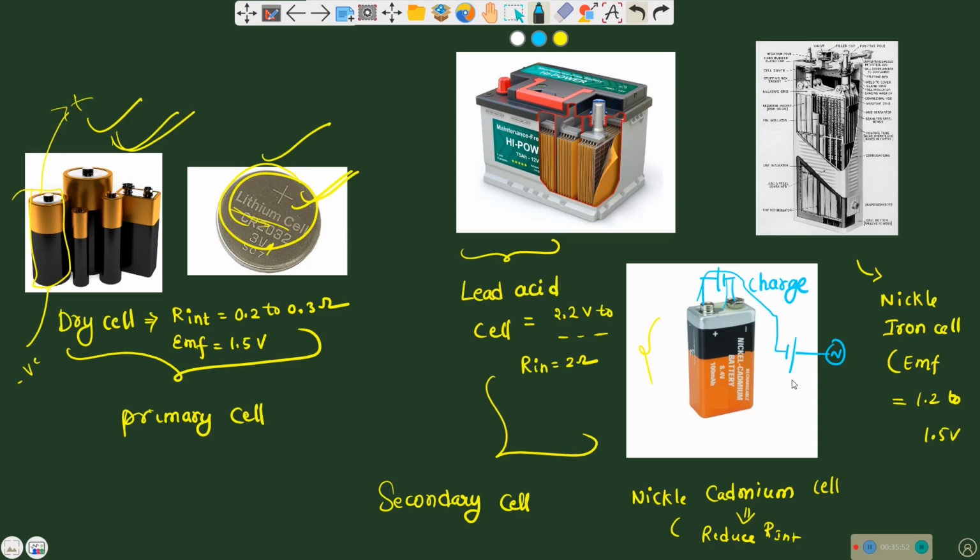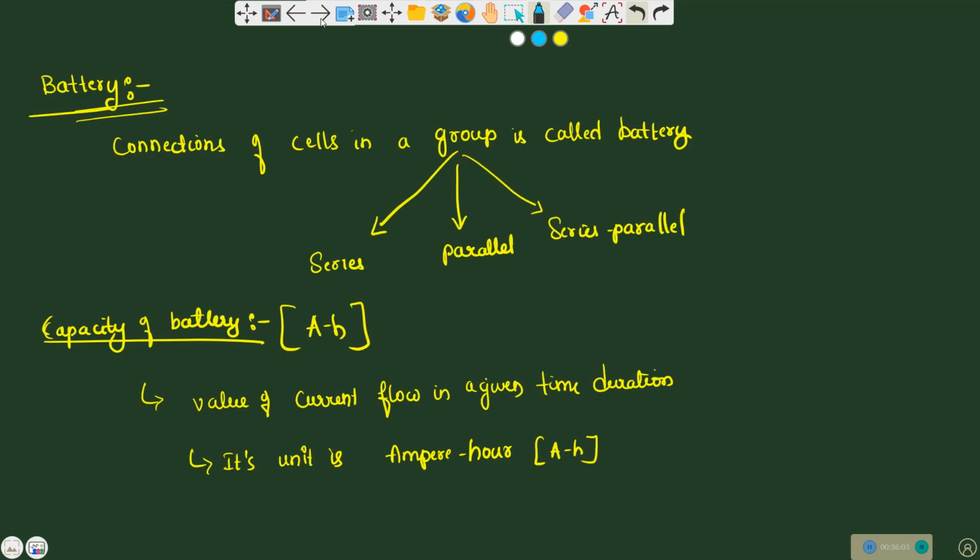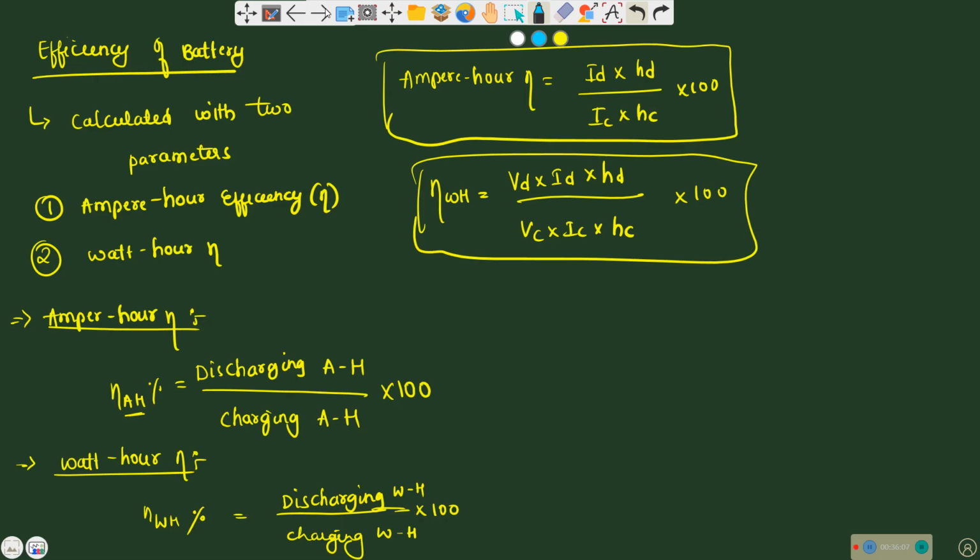Different techniques are used for battery charging. What are all the battery charging methods?